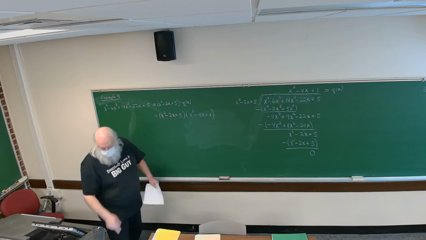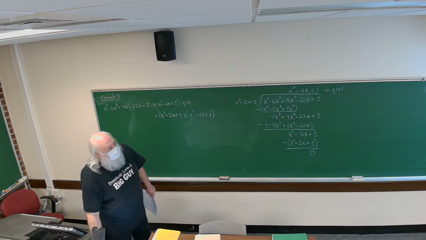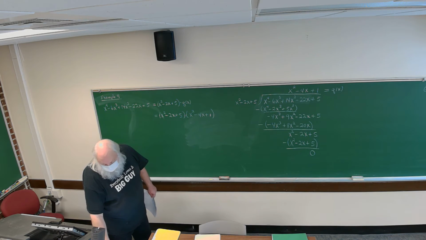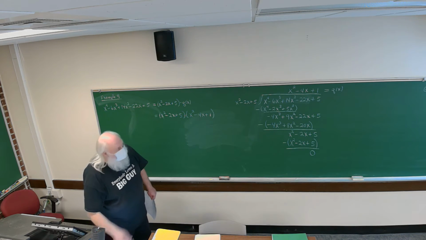We were given x equals 1 plus 2i is a 0 of this 4th degree polynomial. And so by the complex conjugate theorem, 1 minus 2i is also a 0.